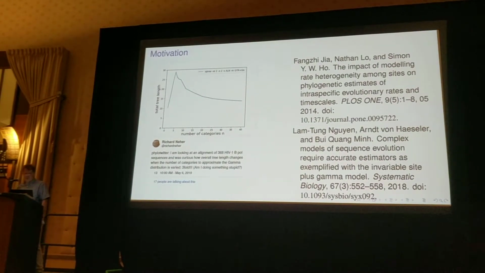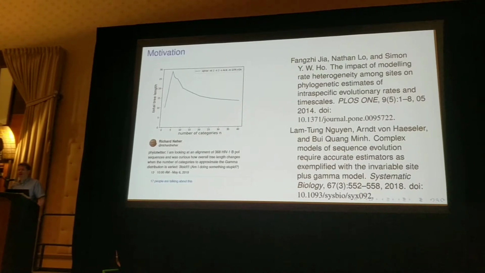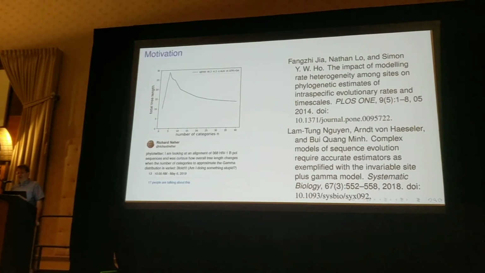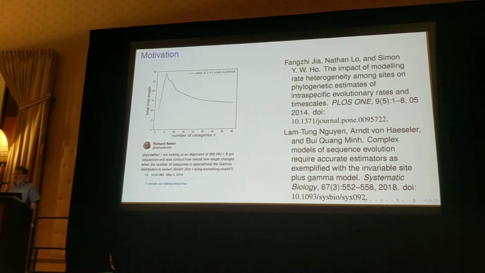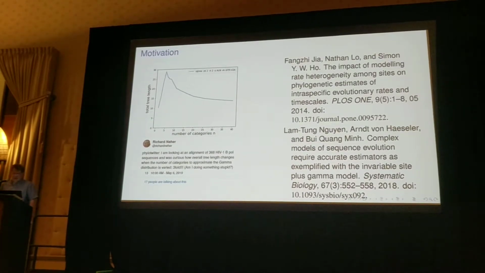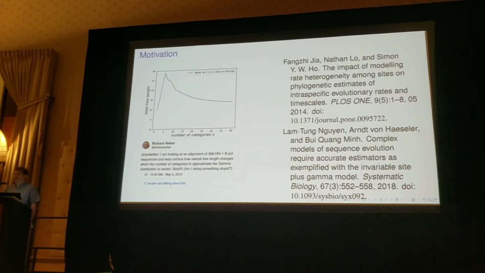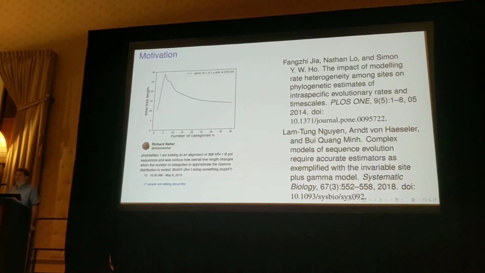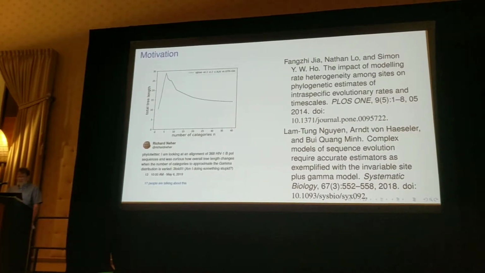The motivation was that recently Richard Neher put out on Twitter that he had a nice data set with HIV sequences, and he fit different numbers of rate classes to it.